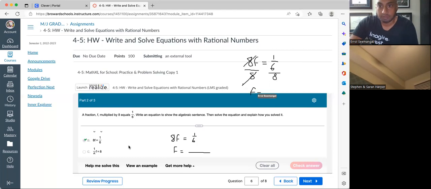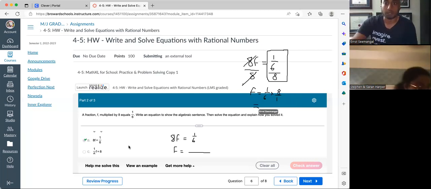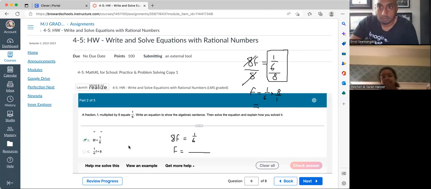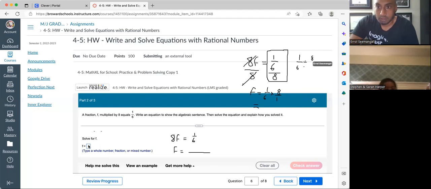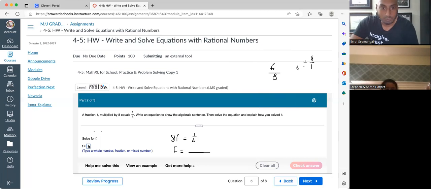So what you're left with is 1 over 6 divided by 8, which is the same thing as 1 over 6 times 1 over 8. All right, I messed this part up. Yeah, this should be 1 over 8. So that's 1 over 48, right? Yeah, put 1 over 48.